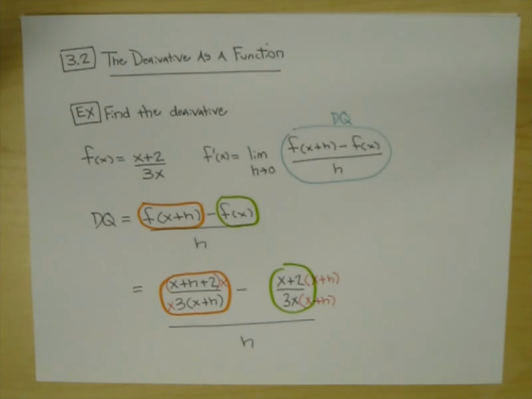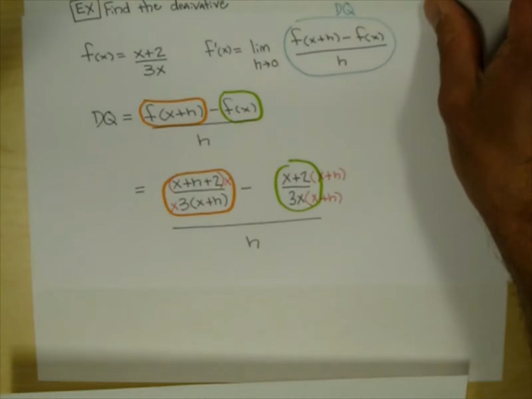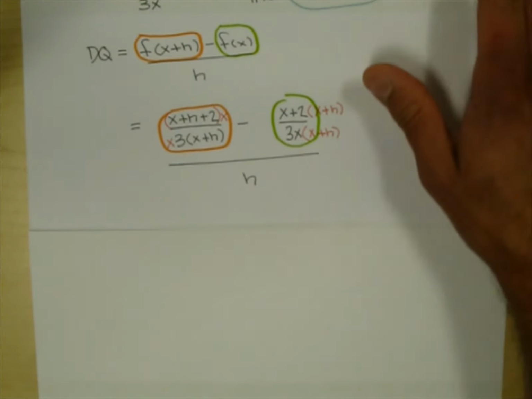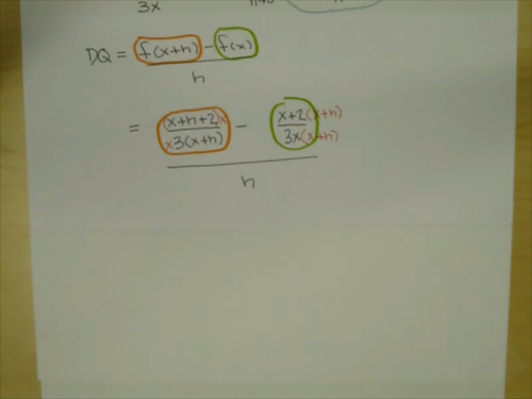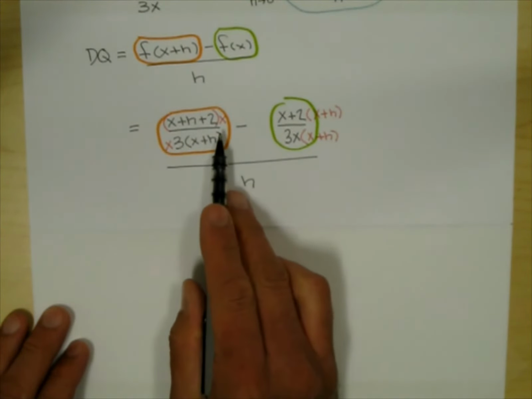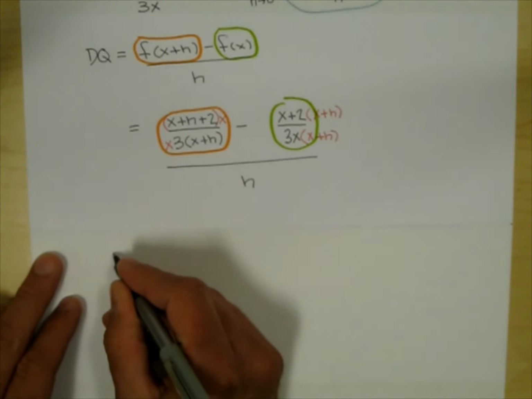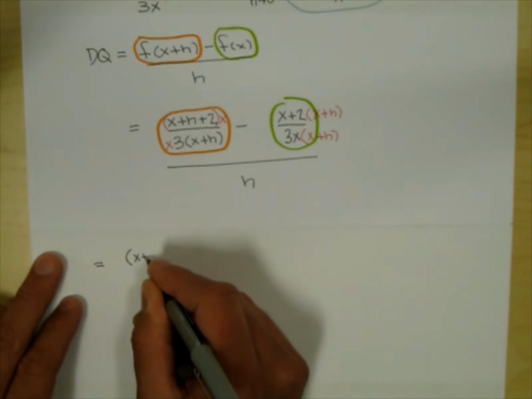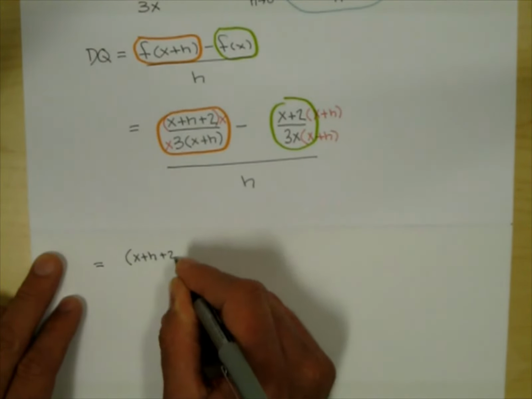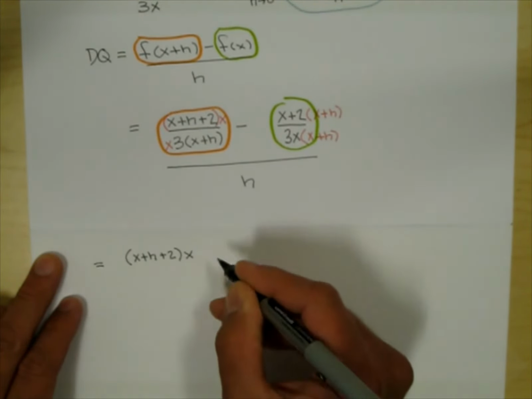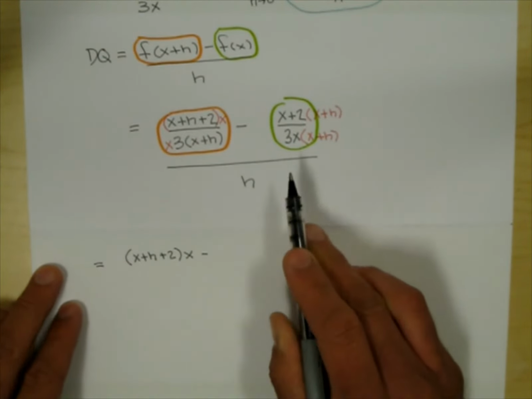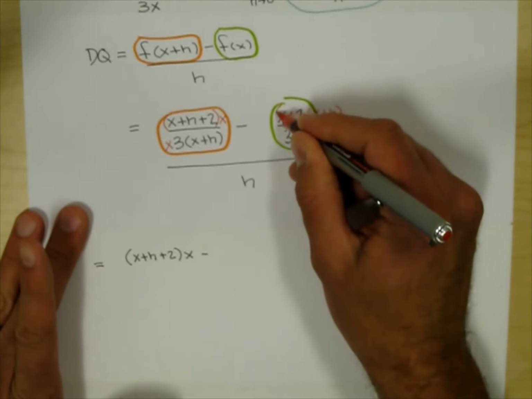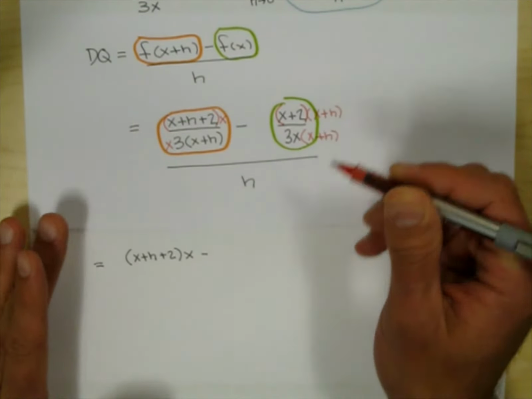Let's go ahead and continue this on another piece of paper here. So what do I have? Well, on the top, I'll just write it all out. So this equals x plus h plus 2 times x minus. Okay, so there's something I should have done over here and I didn't. I need to put parentheses around that x plus 2.